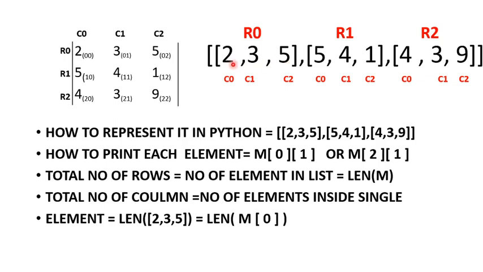So if you want to calculate the number of columns, we calculate how many elements are stored by this row 0. How can we calculate it? By simply calculating the length of 2, 3, and 5, or we can write it as length of M[0], because 2, 3, 5 is nothing but index 0. So by writing this, we can calculate the number of columns.